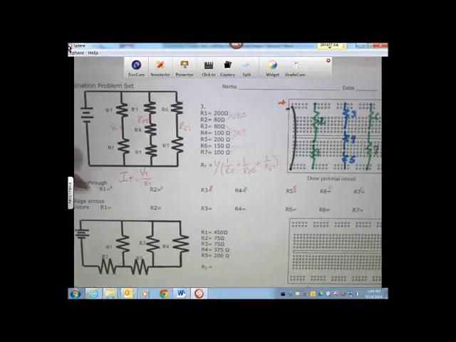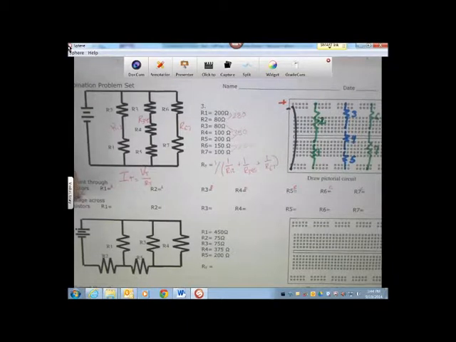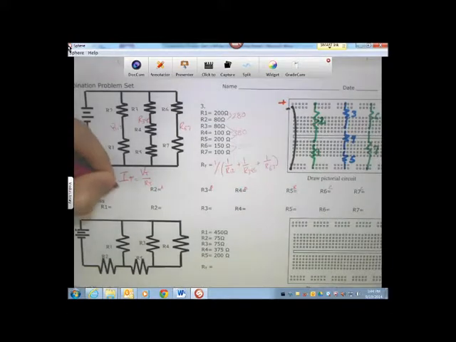Alright, so current, again, is going to be V over R. And voltage, again, is I times R. And so my current through branch R1 and R2 is going to be V, which is our total, so VT over R for that resistance for that branch.